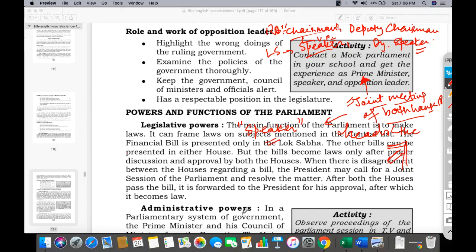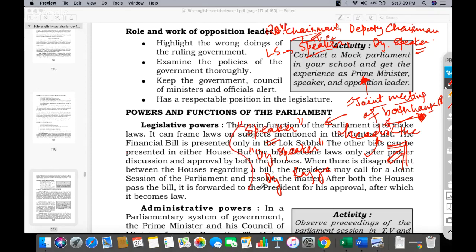If the speaker of Lok Sabha is absent, it is the deputy speaker of Lok Sabha. If the deputy speaker is also absent, then the deputy chairman of Rajya Sabha. If all three are absent, then the members attending the meeting will decide who will head the meeting. And the chairman will never head it.